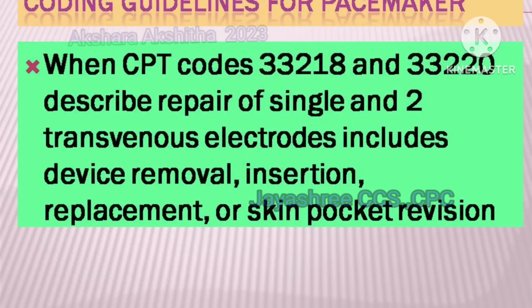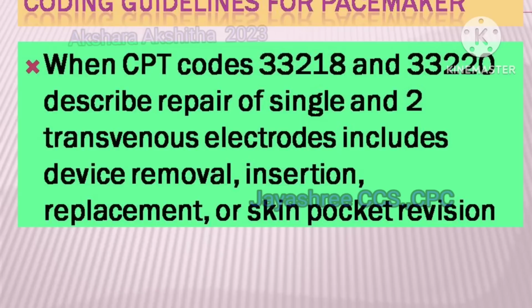Okay. Next point is CPT 33218 and 33220, which describe the repair of single or dual transvenous electrodes. So this is a repair code for single or dual transvenous electrodes. Whenever the doctor is performing this repair of electrodes, it includes device removal and reinsertion, replacement, and skin pocket revision.